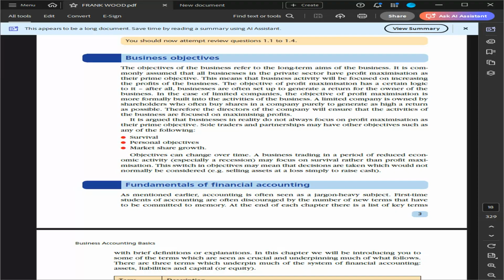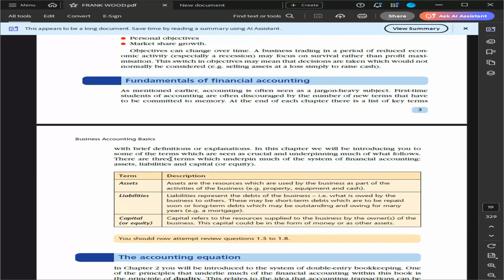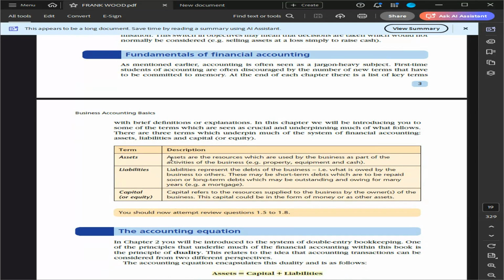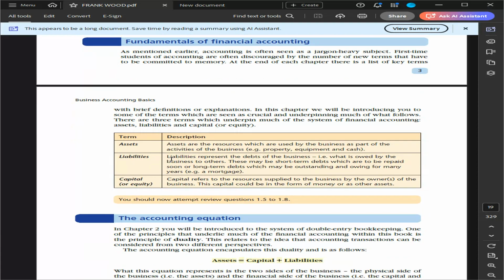Okay, so that is it for this section. This part of the subject area is just to identify the different types of business. Now we're getting down into some of the basic terminologies that you will be coming across, and this is something that you will use throughout the entire syllabus.